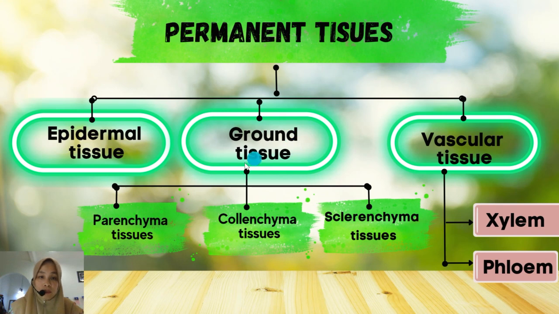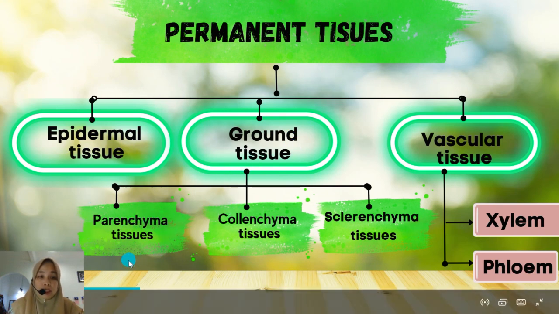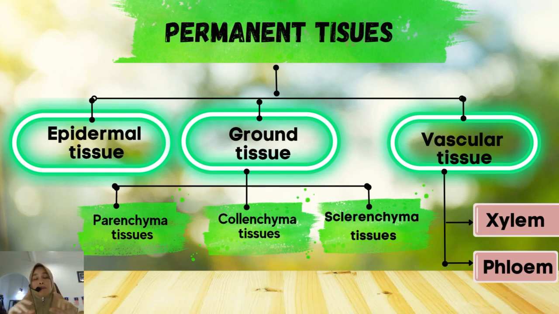Ground tissue can be divided into parenchyma, collenchyma, and sclerenchyma tissues, whereas vascular tissue can be divided into xylem and phloem. And again, what are permanent tissues? Permanent tissues are mature tissues that have already undergone differentiation, meaning these cells are already specialized and carry out specific functions.